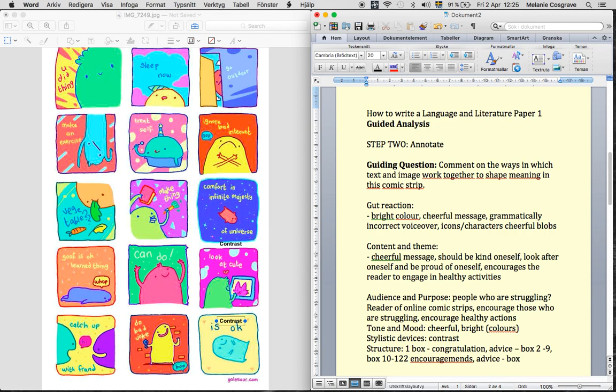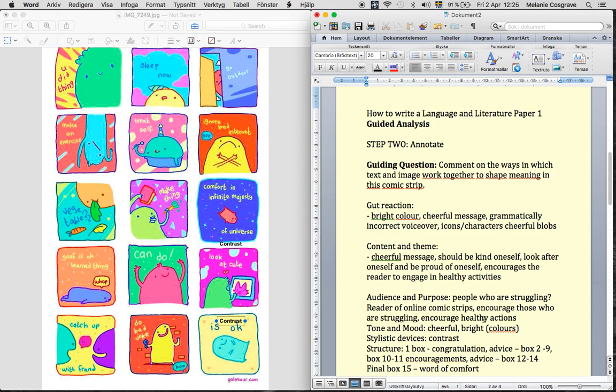So that would be boxes 12 to 14. And finally, we have the final conclusion box, which is box 15, in which we have words of comfort, or an encouragement, as we said earlier.